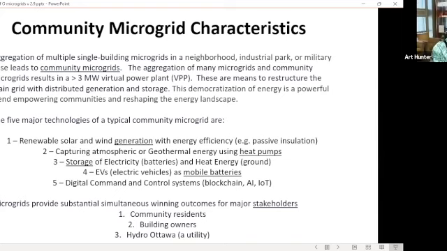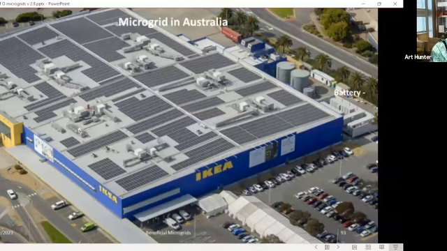Just want to use some pictures because they're always so much better than words, and we'll fly through these rapidly. Here's a microgrid in Australia with an awful lot of solar on the top, and you can see off on the right they've got some batteries. And here's a community microgrid in the Netherlands.